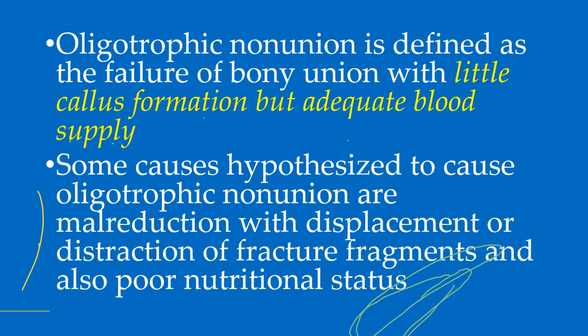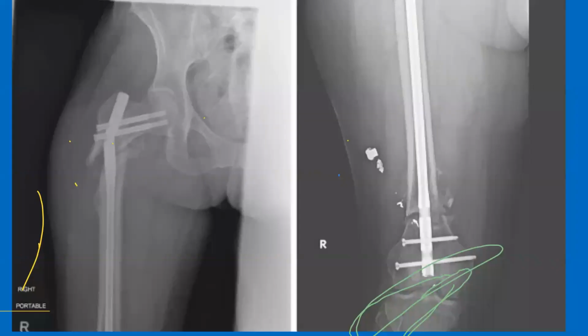Some causes hypothesized to cause oligotrophic non-union are malreduction, and, pay attention, displacement or distraction of fracture fragments, and also poor nutritional status. And this tells you malreduction.